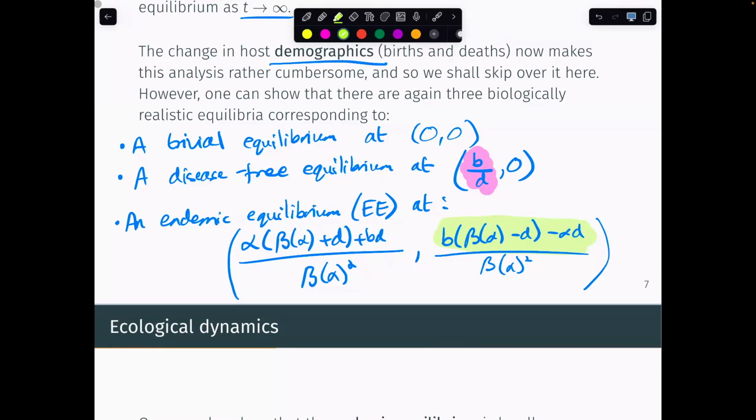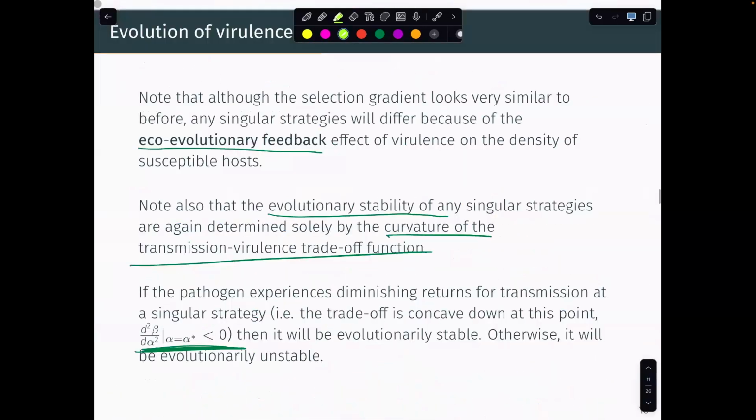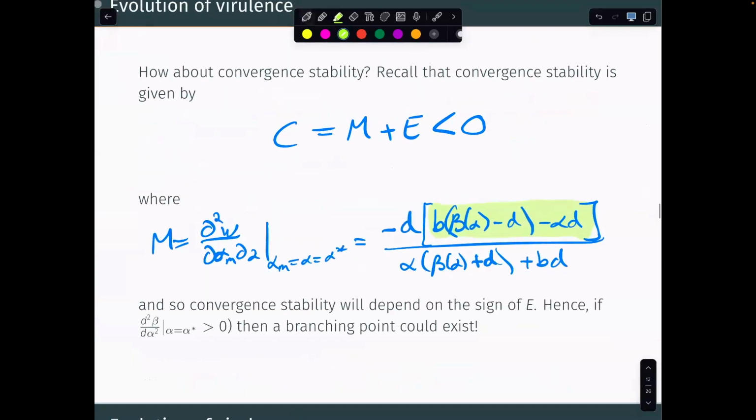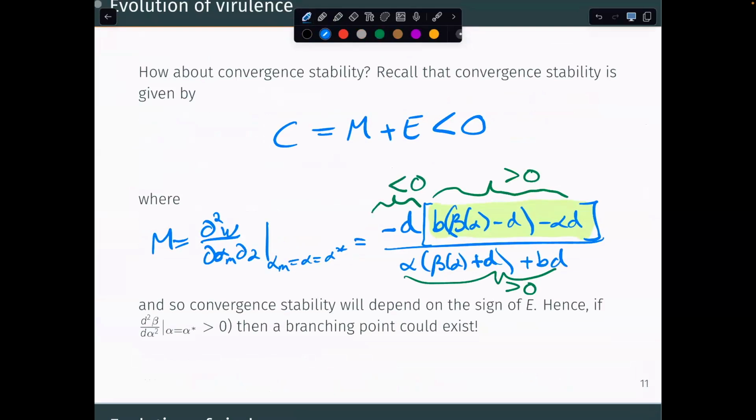And we're evaluating everything at our endemic equilibrium. So this is a prerequisite, so that has to be positive. So the term down here in green also has to be positive. Our denominator is positive, and this term out the front is going to be negative. So this is always going to be negative if our endemic equilibrium is realistic.